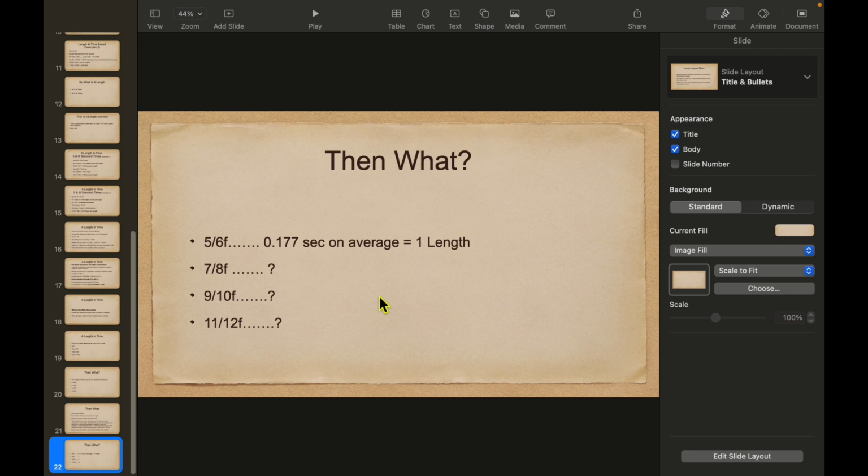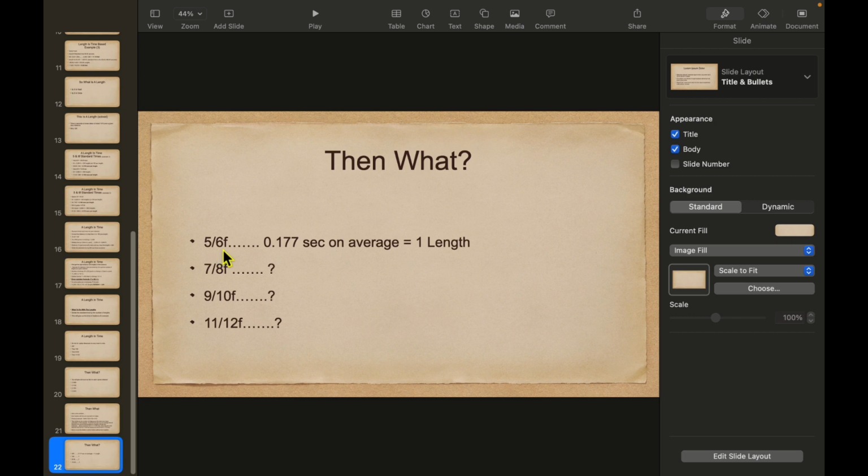That's the end of the slideshow. It's not the end of the slideshow. You need to calculate these out yourself. I will not be giving them out. 7 furlongs to a mile, 9 and 10 furlongs, and then 11 and 12 furlongs. I wouldn't bother with further than 12 furlongs. Any distances in between or slightly over, it's a judgment call.